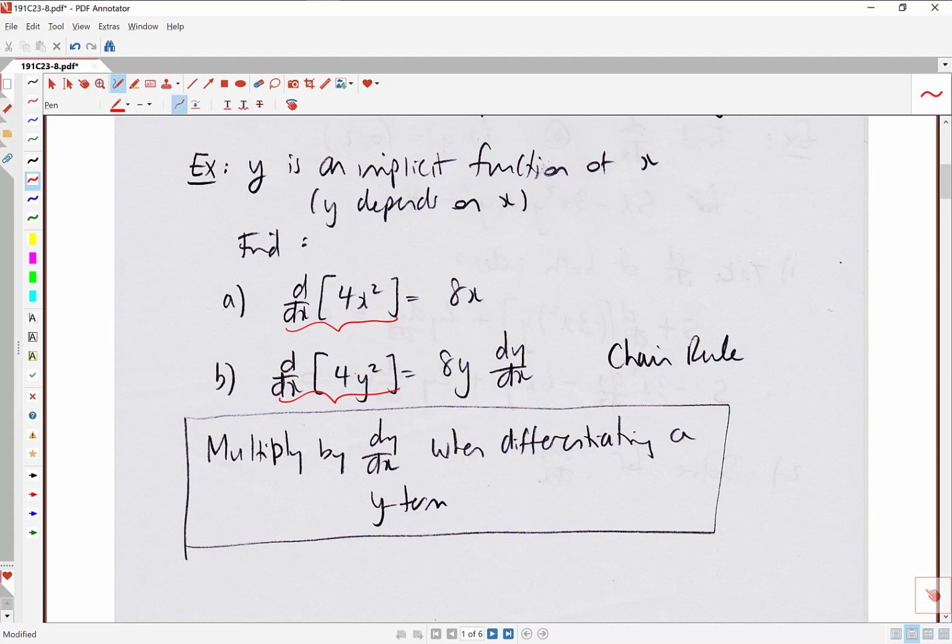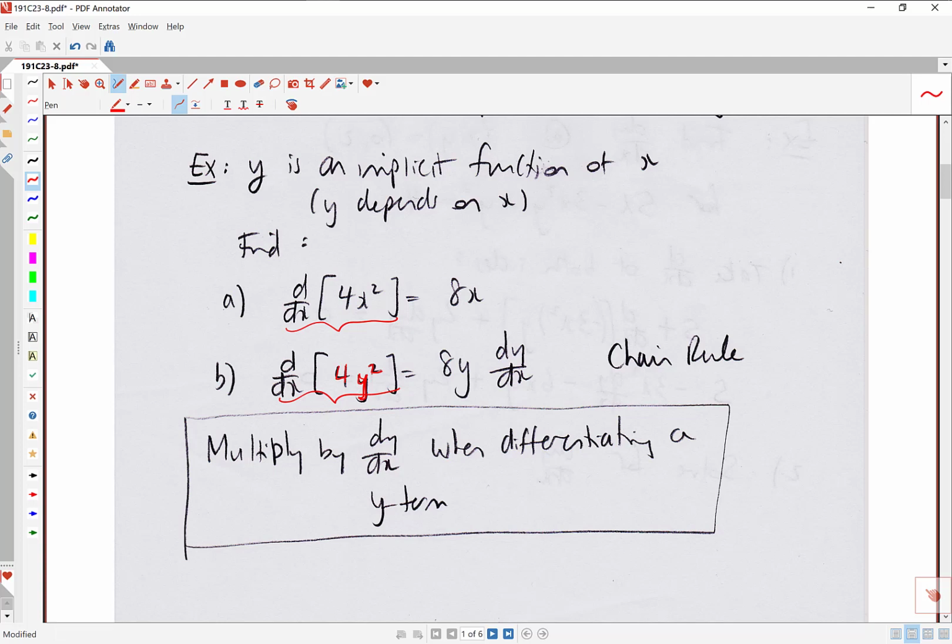Well, now all of a sudden there's a chain rule involved, because our outside function is the function that takes a quantity, like y, squares it, and then multiplies it by 4. So our outside function takes blah, squares it, multiplies by 4. The inside function is actually the y.